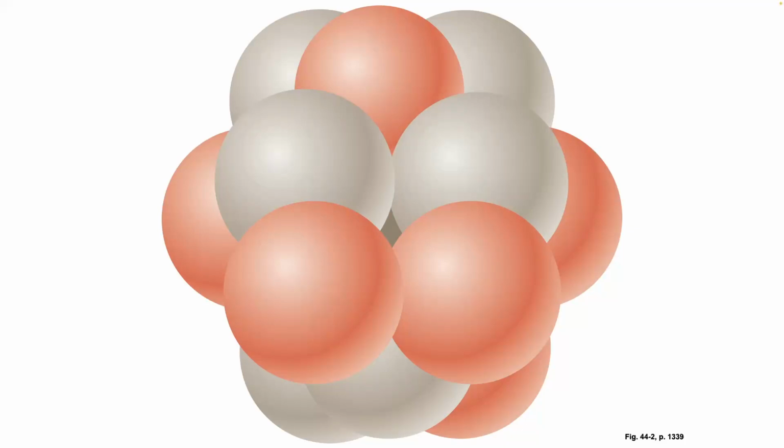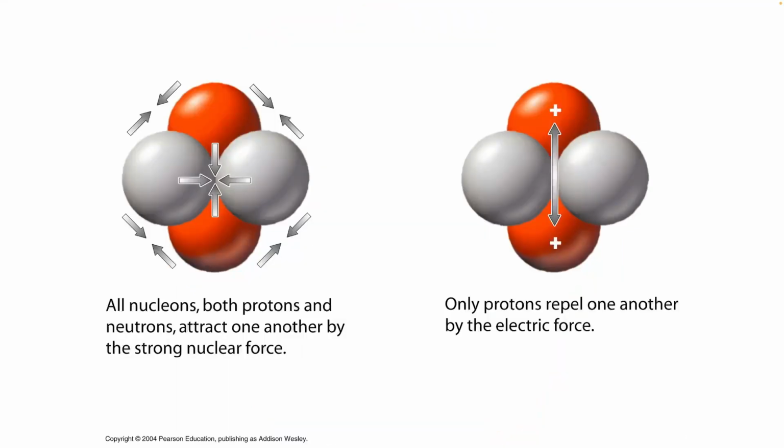But more importantly, there's another problem. And the problem is that protons don't like to be with protons. And if you're talking about distances measured in tenths of a femtometer, right?